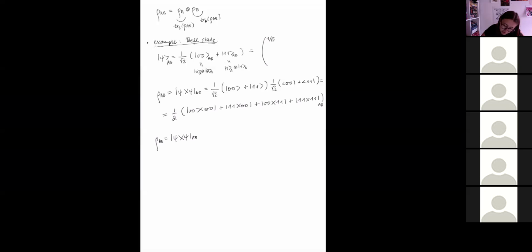So we can just write it out as 1 over square root of 2, 0, 0, 1 over square root of 2. So the first entry in the vector corresponds to the 00 component, the second to 01, the third to 10, and the fourth to 11. So we only have non-zero components which correspond to 00 and 11.